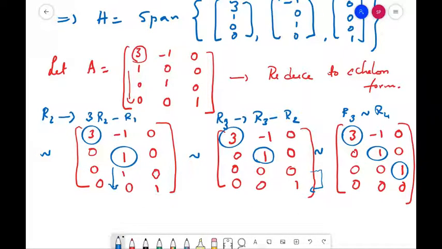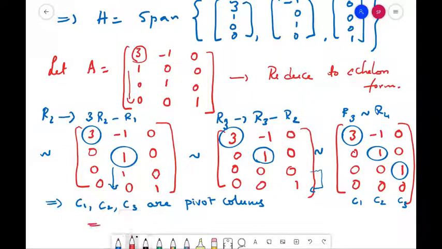So C1, C2, C3 are all pivot columns. If C1, C2, C3 are pivot columns, what do we write here? It implies, what are the 3 variables you have? B, C, D.